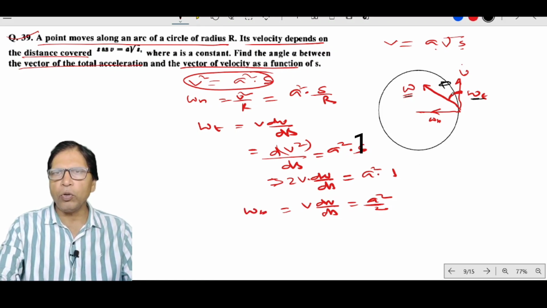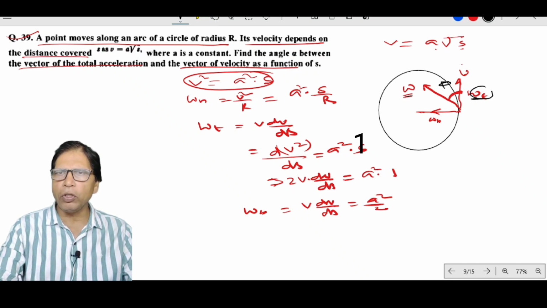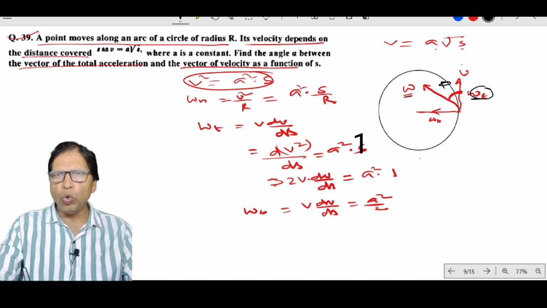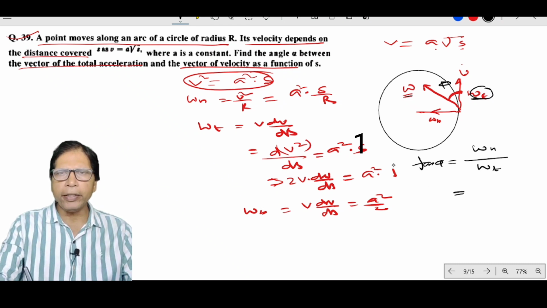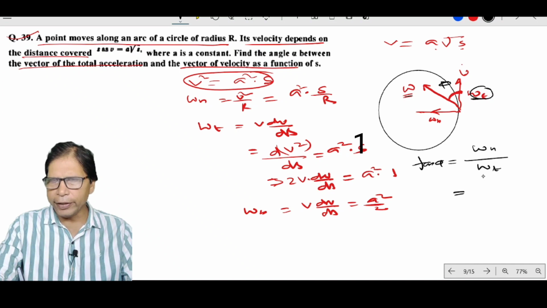Now we have to calculate the angle between total acceleration w and tangential acceleration w t. So tan phi is equal to the normal acceleration w n divided by the tangential acceleration w t.